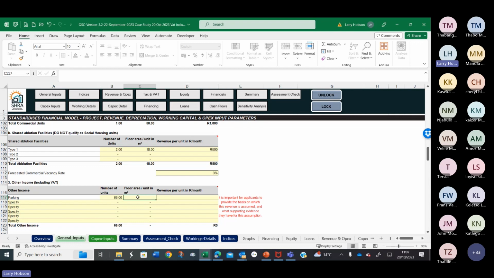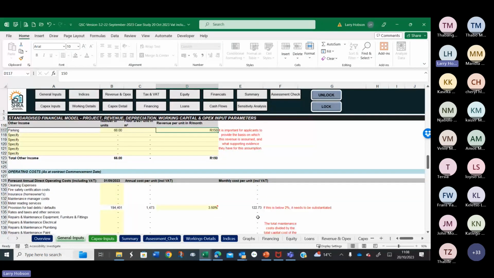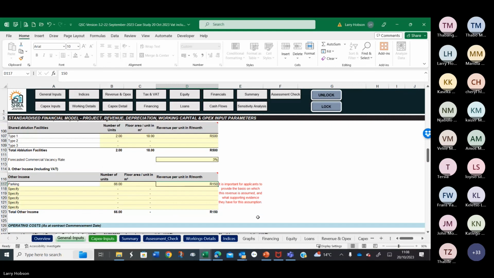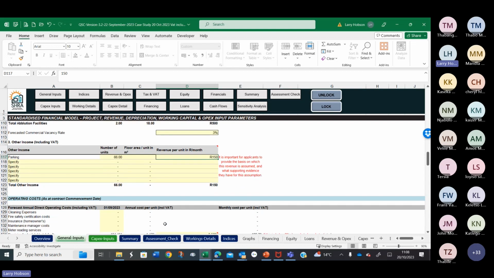How much is a parking space? 20 square meters? I don't know. I'm not even going to guess. Revenue per parking space, can we charge 150 a month? We'll put in 150 anyway. So there we've got a bit of extra revenue. Never let these extra things go that you can earn extra income from, because they all add to the viability.